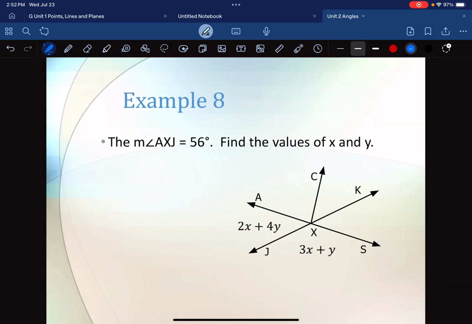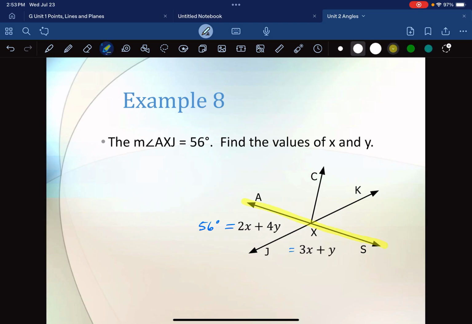Oh, it tells me AXJ is 56, but I already have something in that. It's already labeled 2x plus 4y. What's this other one equal to then? What do we know about those two labeled angles? Well, they look like a linear pair again, right?